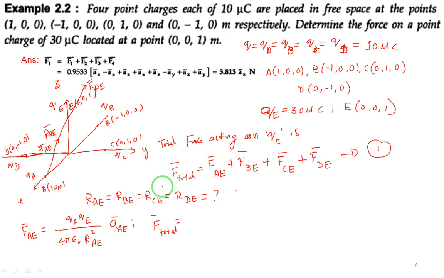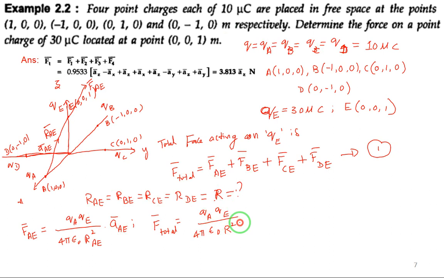So I will observe the common things and write down the final formula like this. QA is equal to QB equal to QC, so I can take QA out, and QE is the same, so QE also I can take out. QA into QE will come outside, and 4 pi epsilon naught. See here, RAE equal to RBE equal to RCE equal to RDE. Let me simply call it R, and we'll try to find R later.